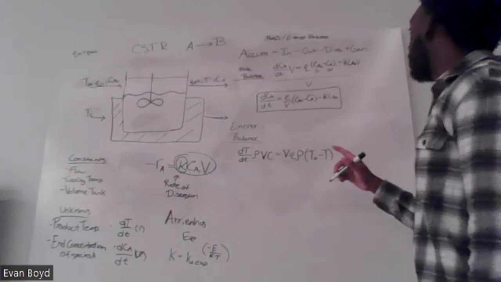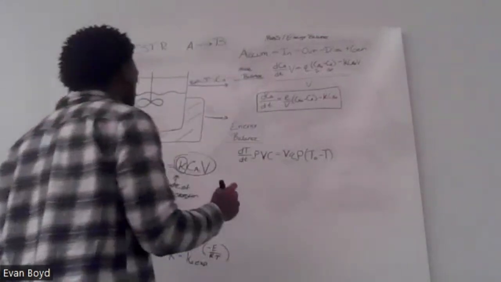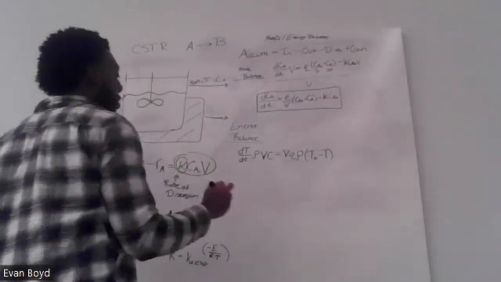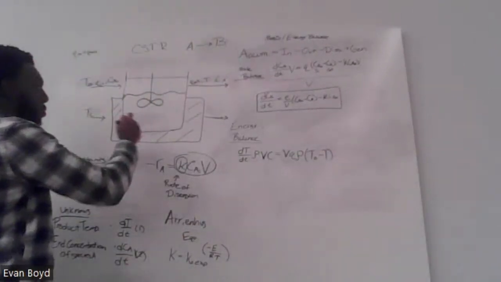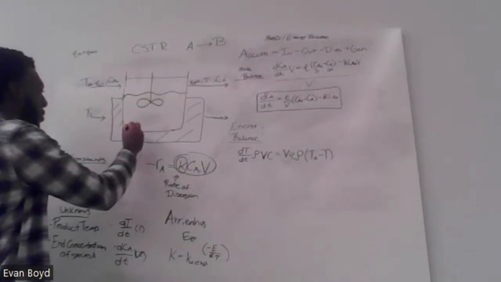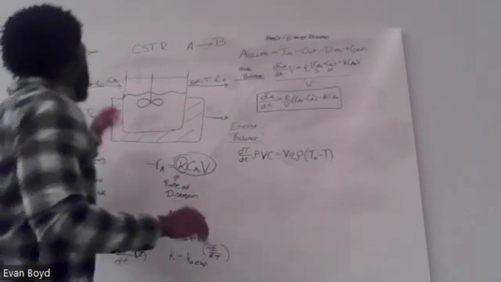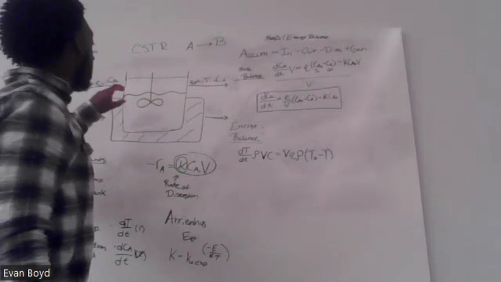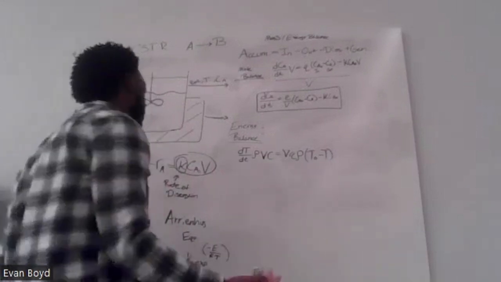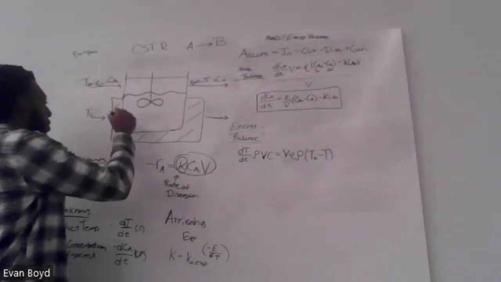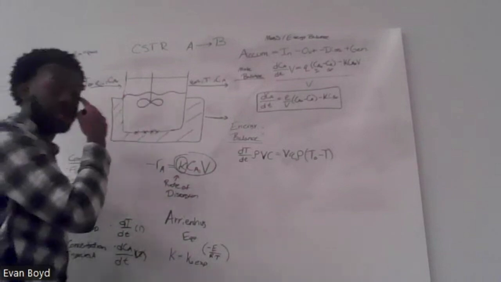All right. Next, we'll have our desorption of the heat lost. The desorption will be the decrease in heat, the energy of heat being transferred from the cooling liquid coming from the top.